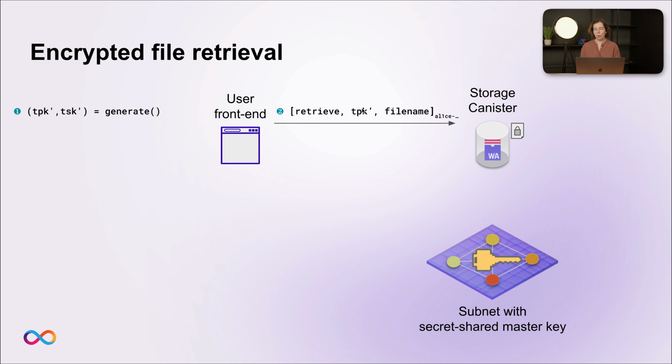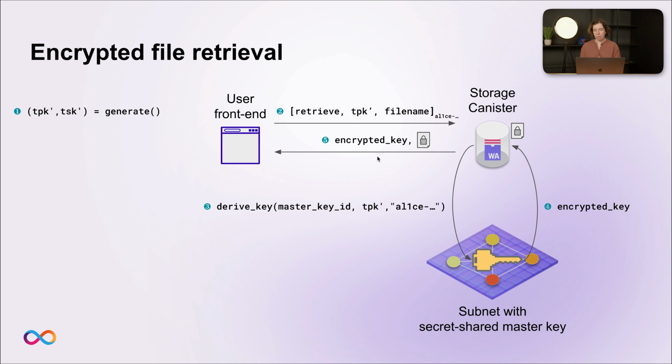She sends her new transport public key, the file name that she sent before, and some method to retrieve the file. The same thing happens as before. The canister calls on the subnet to derive the encrypted key for Alice under this new transport public key.